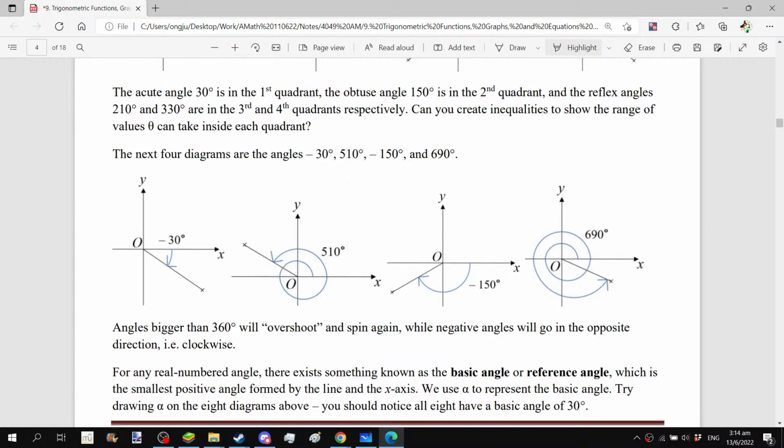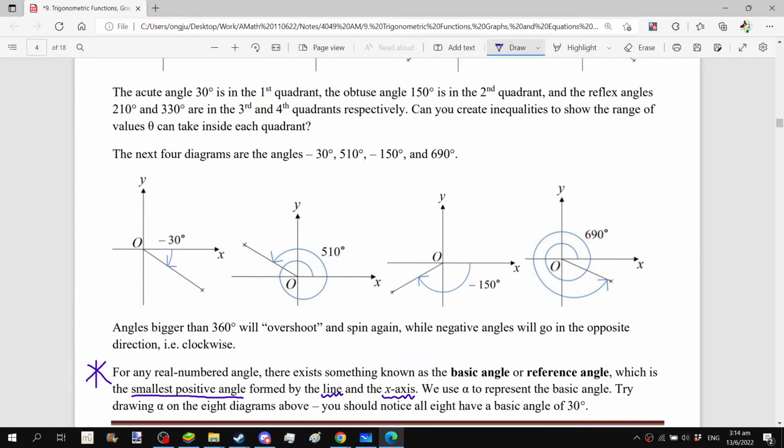So what we mean essentially, I don't know if the text highlighter works, is this portion over here. If you have any angle, you can find the basic angle by measuring out the smallest positive angle formed by the line and the x-axis.